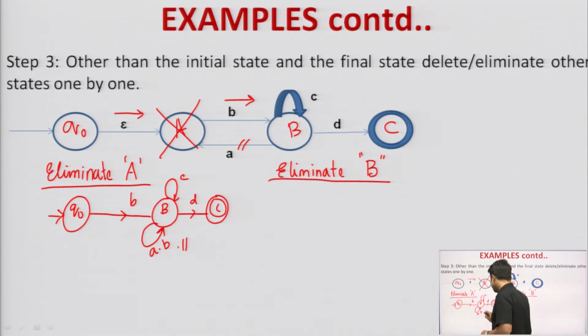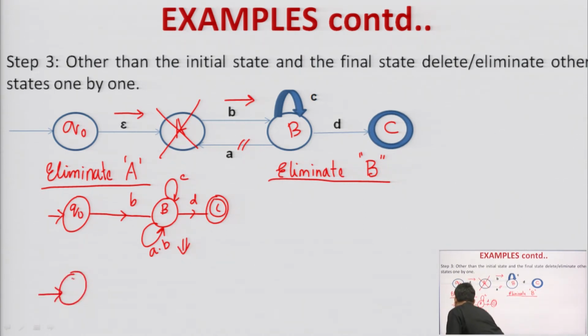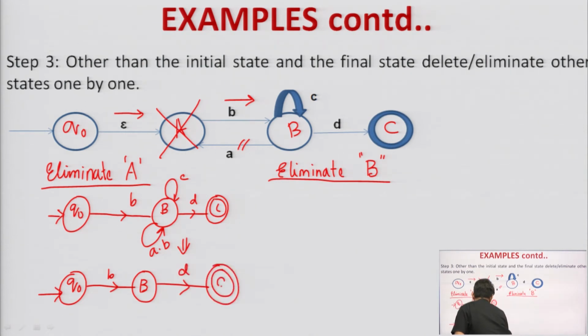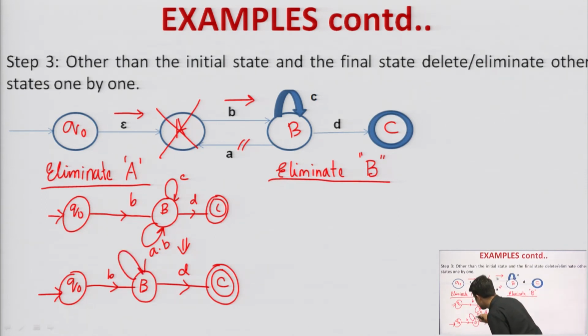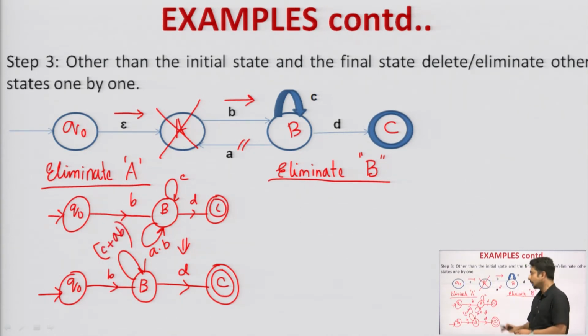See, I am drawing it here: Q naught, B transition, state B, and here C D, and this will be your state C. I am trying to make these two a single one. It will be C plus AB. C is also one loop, plus AB.